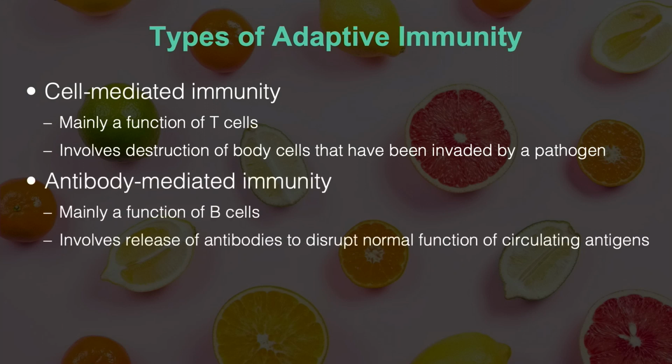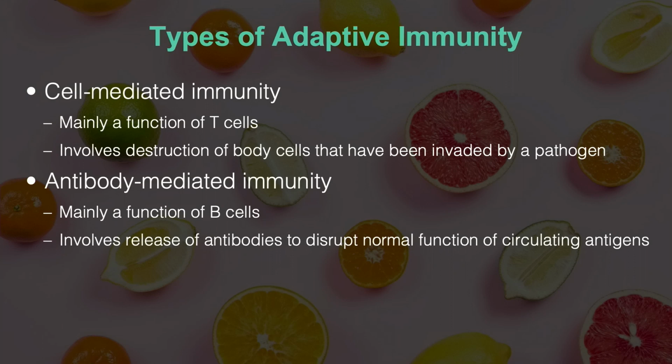On the other hand, the second branch of the adaptive immune system is antibody-mediated immunity. This is the branch of the adaptive immune system that ramps up in response to antigens that are outside of the cells.